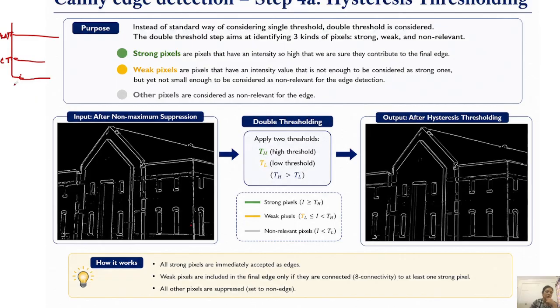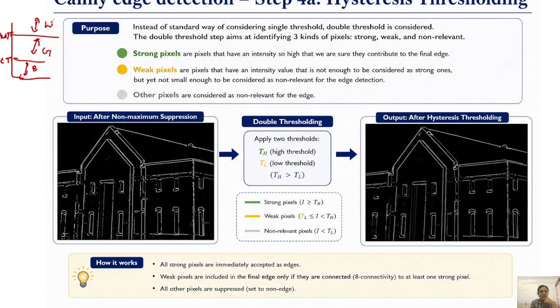Double thresholding means anything below the lower threshold is 0, anything above the lower threshold keeps an intermediate value, and above the upper threshold it can be given as white. So below the lower threshold can be given as black, between them as gray, and above the upper threshold will be white. So this is all the edge white. This is how we are doing it.